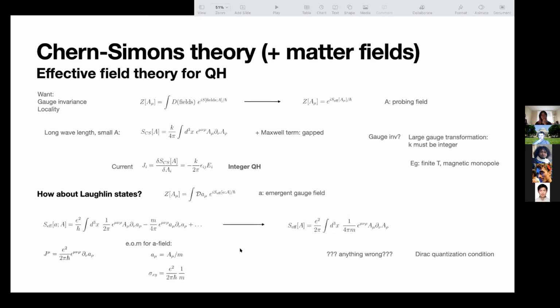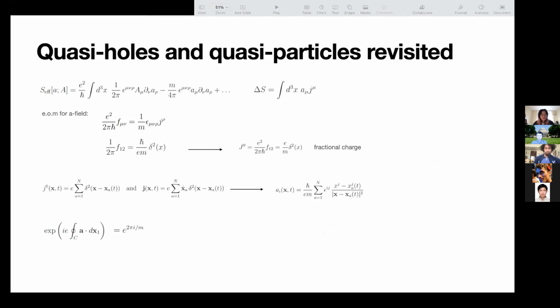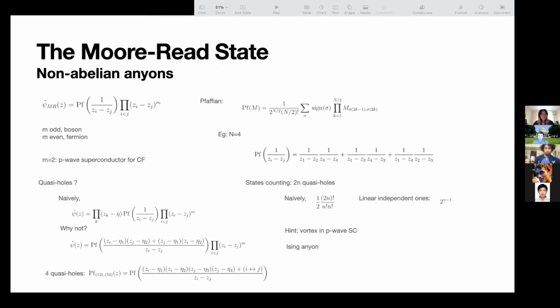Cool. Any last questions? Oh yeah, and you kind of said this, but the Pfaffian, right? The only thing I know about the Pfaffian is that it's a partition function. The partition function for Majorana fermions is a Pfaffian, right?